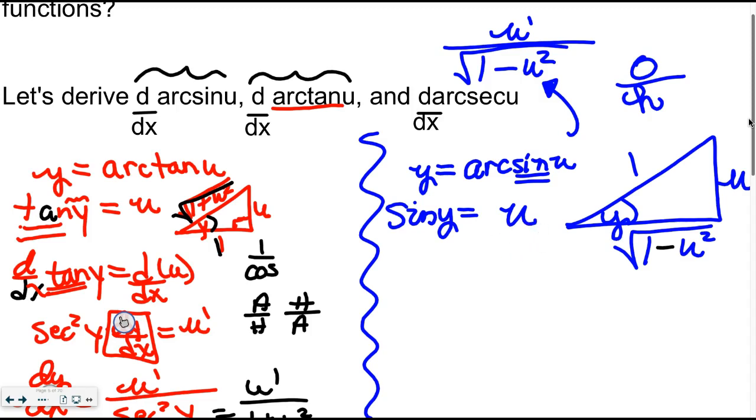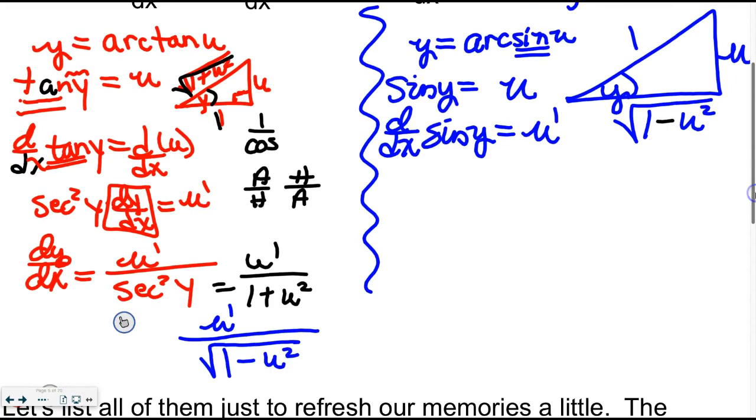Now I'll take the derivative. Why? Because I know what it is. The derivative of sine y would be equal to the derivative of u, or du dx, or u prime. That always happens over there, which is why they always have the u prime on the top. Now, when I do the derivative of sine x, I get cosine x dx dx. When I do the derivative of sine y, I get cosine y dy dx.